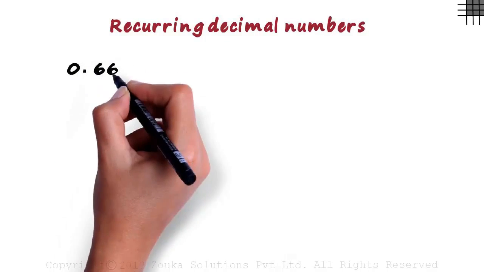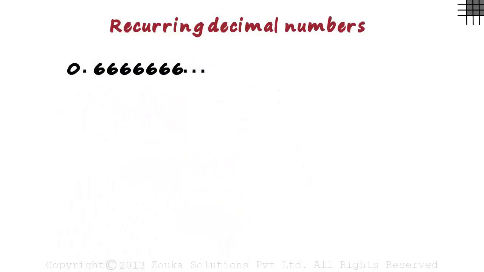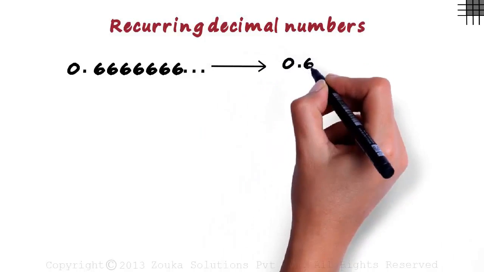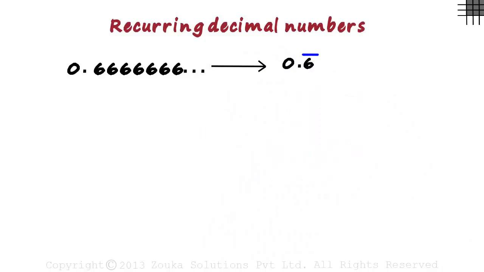We will look at 5 very simple examples: 0.66666 and so on. You would have observed that you spent a lot of time writing it. You're not even sure about how many sixes you need to put after the decimal point. In such cases, we use a very simple notation. We write it as 0.6 with a bar over the number 6.